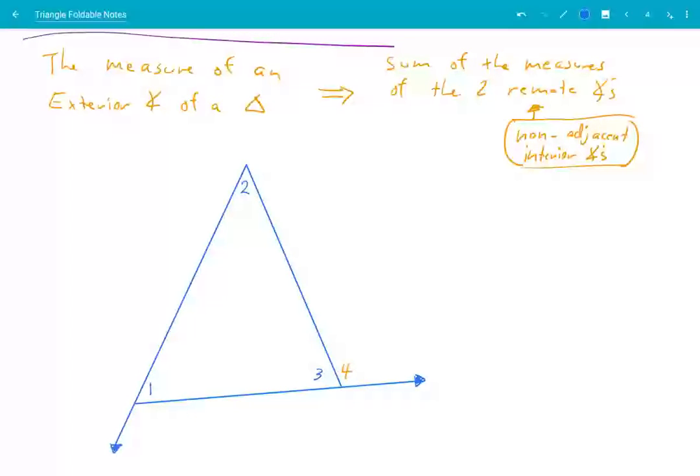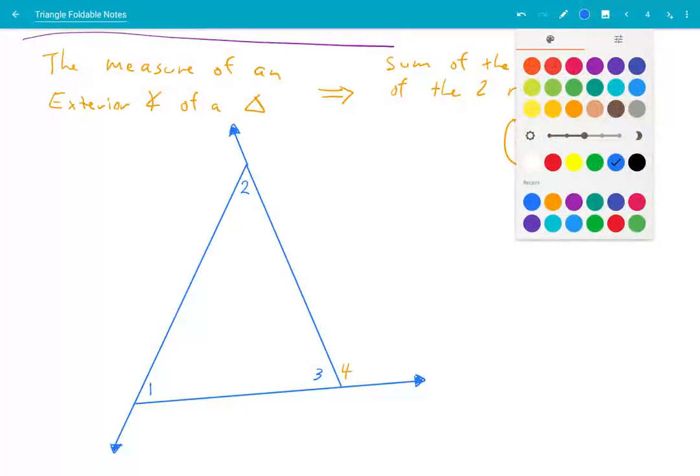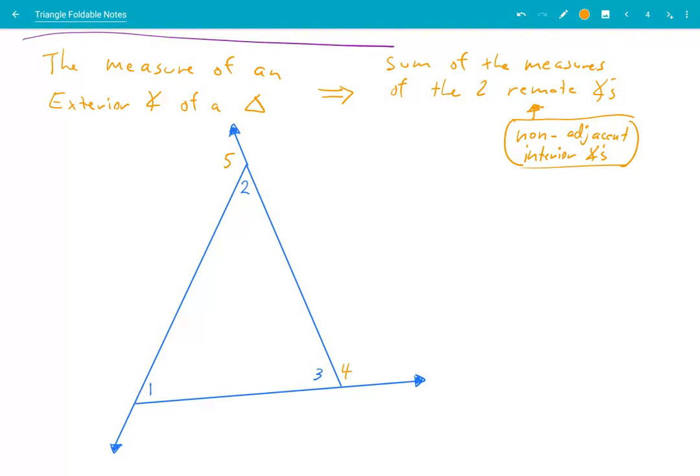And then this needs to go this way. I guess I didn't need the line tool for that, but okay. There we go. So 4 and 5 and 6. 4, 5, and 6. Okay.